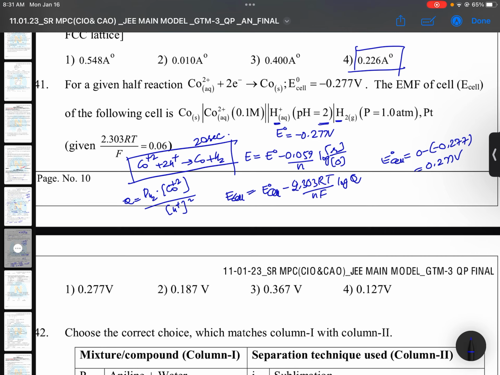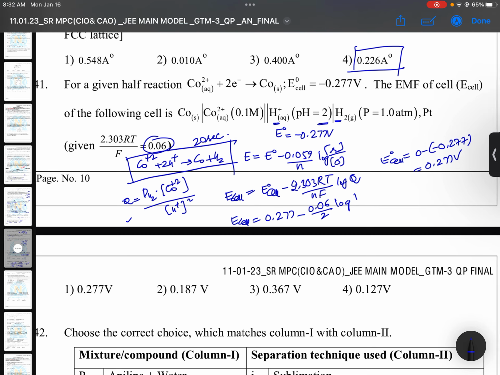Now apply in the cell equation. 0.277 minus, it is given 0.06, 0.06 by number of electrons 2, into log Q value. Q value we have taken as pressure of hydrogen. Pressure of hydrogen is given as 1 atm, into Co concentration.